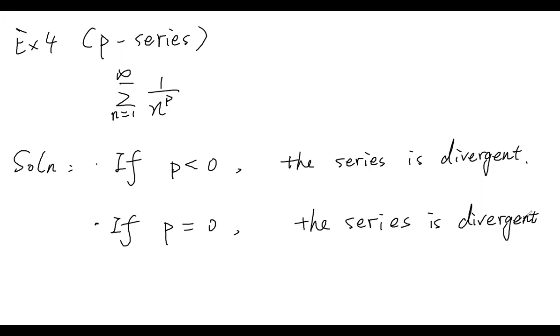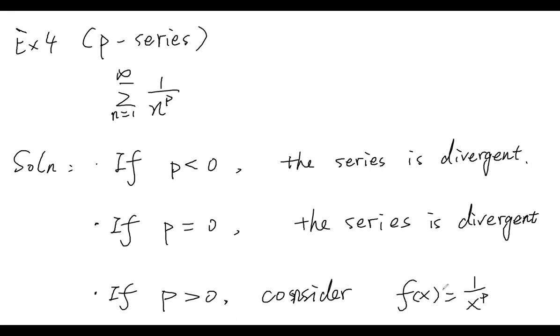Then there's one more case: when p is greater than 0. Last time we considered the function f of x equal to 1 over x to the p power, which corresponds to this series.